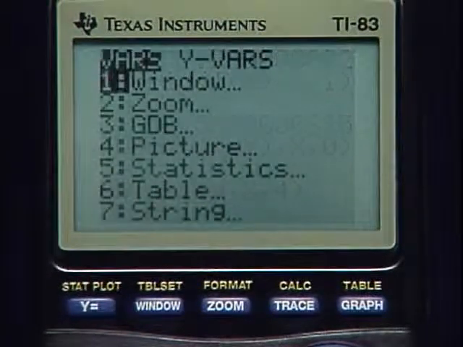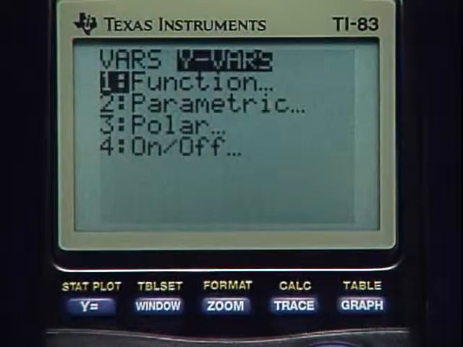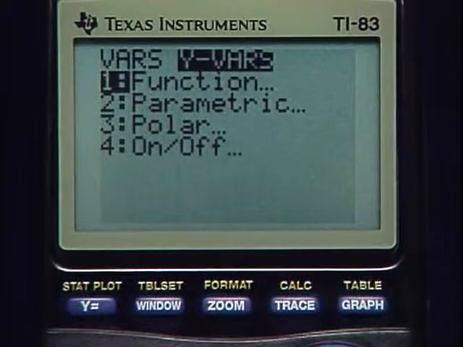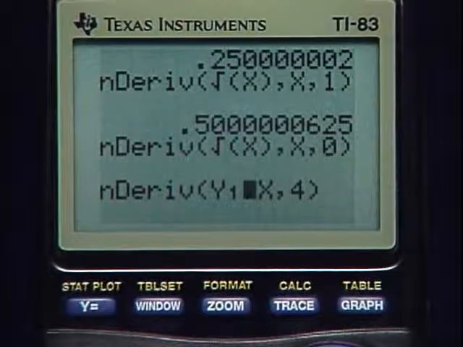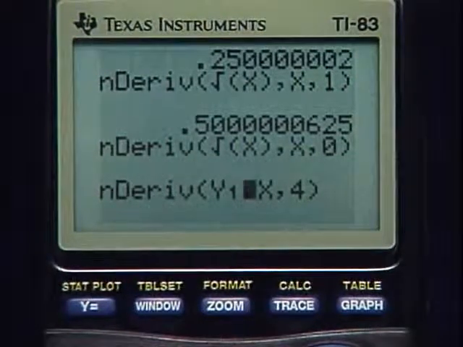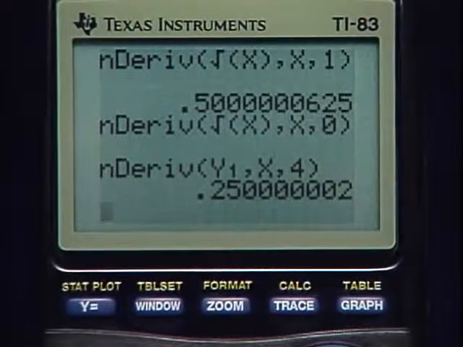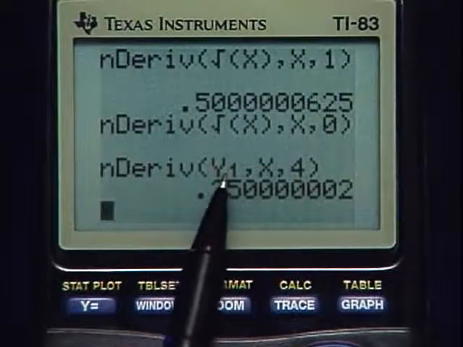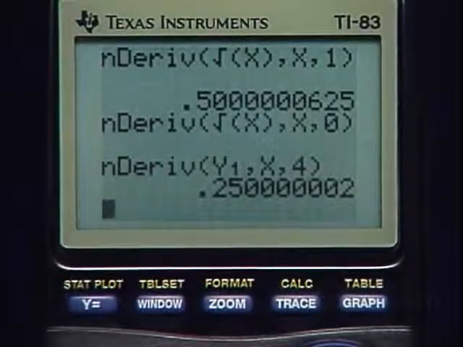And y1 is found in the vars, and I want y vars, so I cursor to the right to have the icon on y vars, and then I do want a function, so I'm pressing enter, and I want y1, so I'll press enter again. And now I have y1 of 4, and it allows me then to find that derivative as I expected. But the key is that y1 is just a handy little name for what could be a very complicated expression.